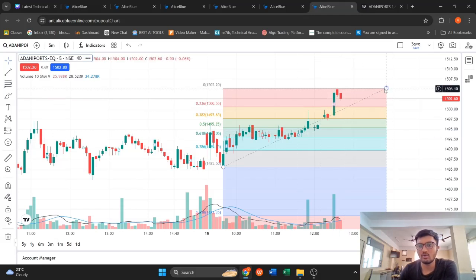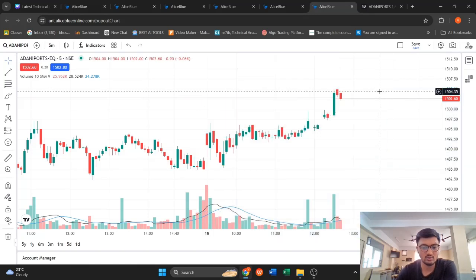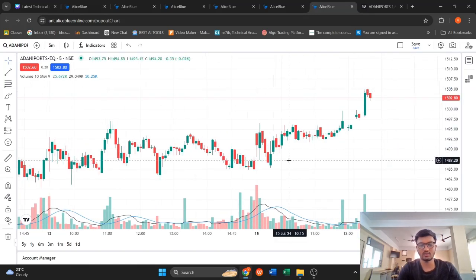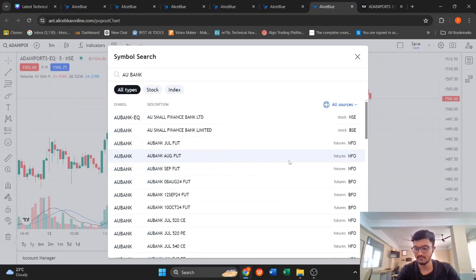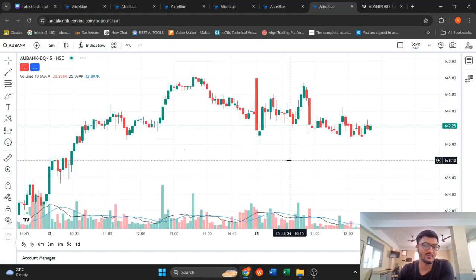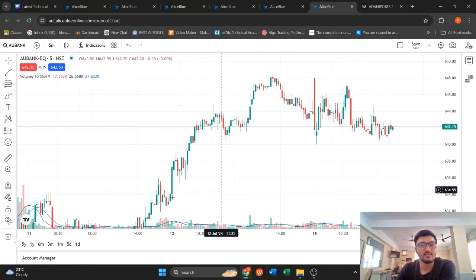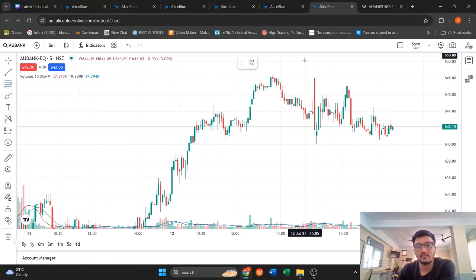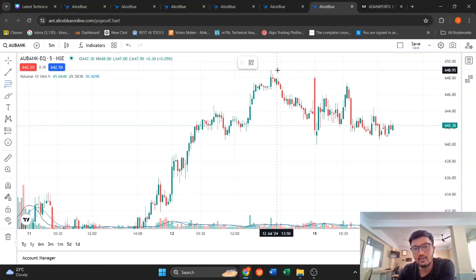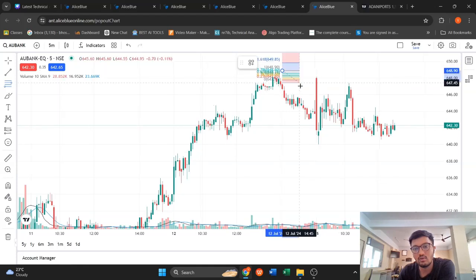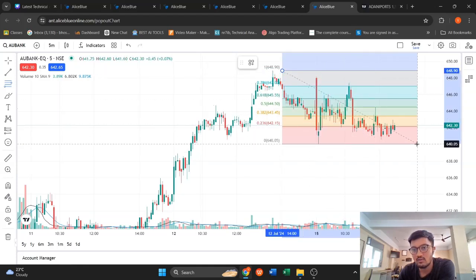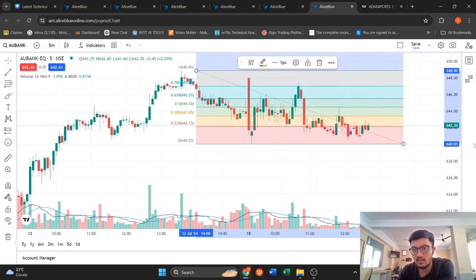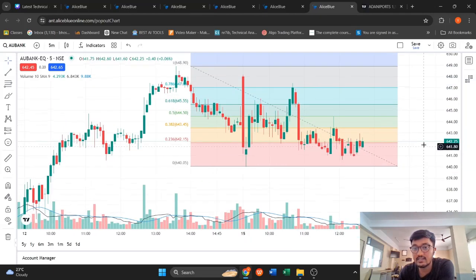And considering a downward direction, let's assume a stock which is moving in a downward direction. A downward direction stock will be AU Bank. So from the high, we can connect the low of this AU Bank, and it takes resistance.